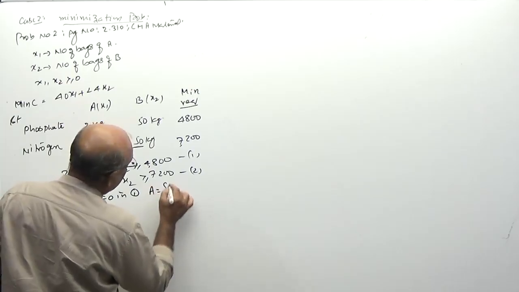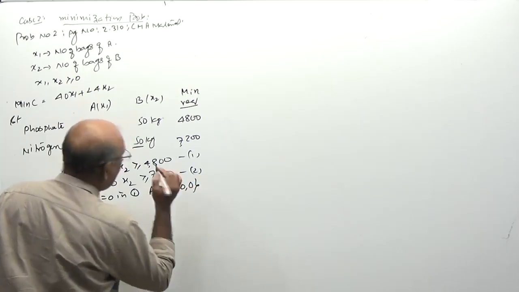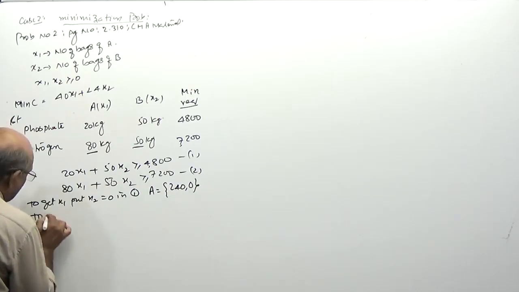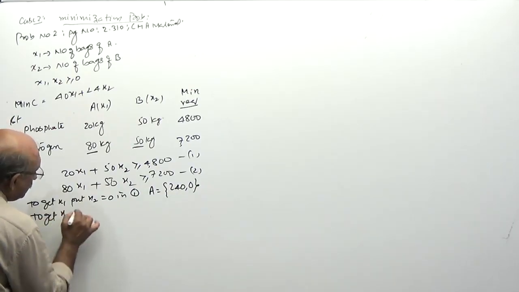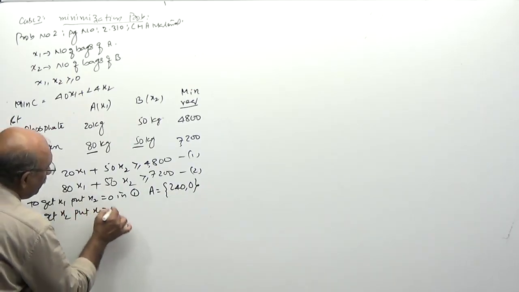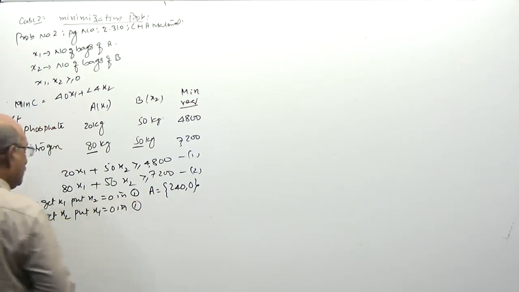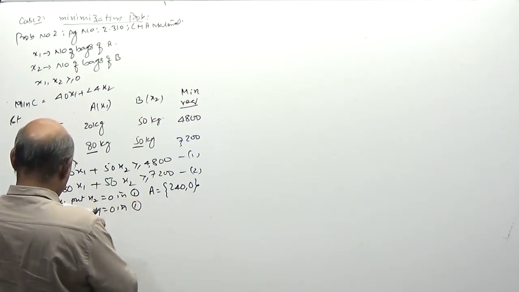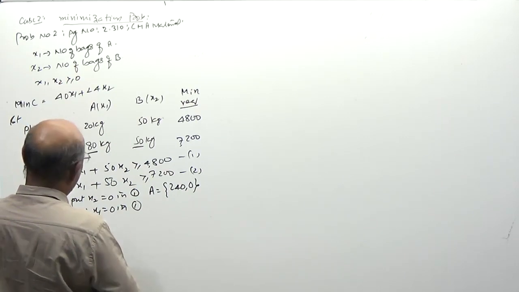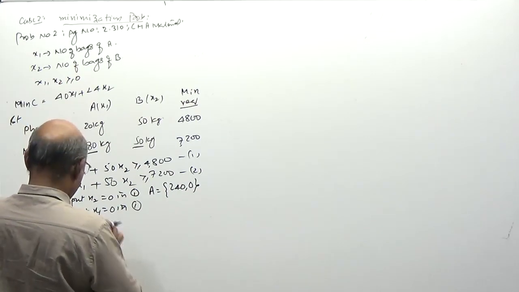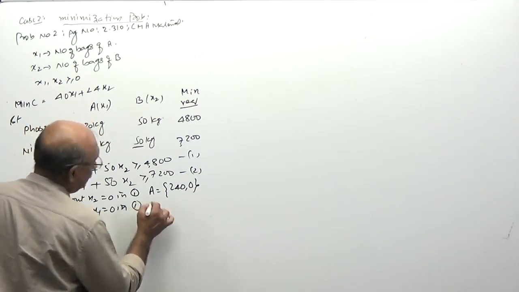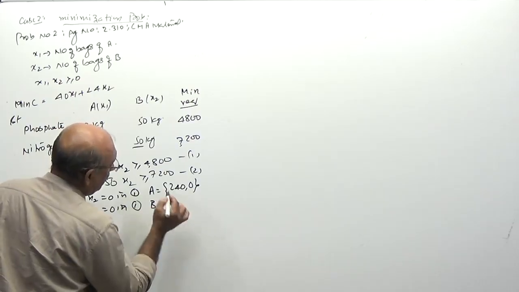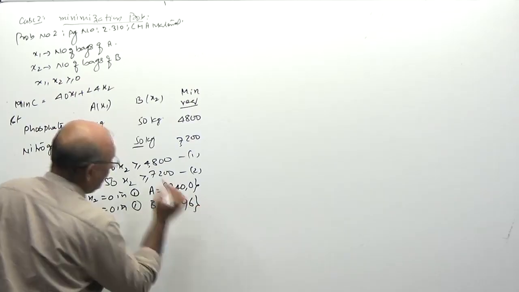Point A is 240 comma 0. To get X2, put X1 equal to 0 in 1. So this is 4,800 divided by 50, which is 96. So this is point B, 0 comma 96.